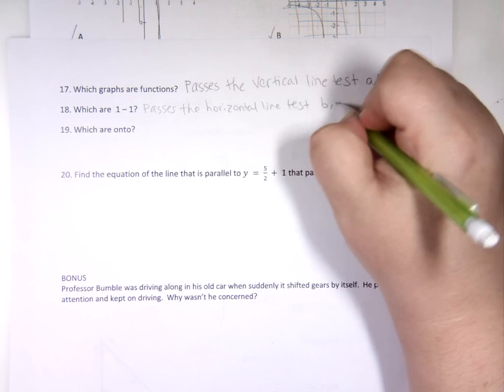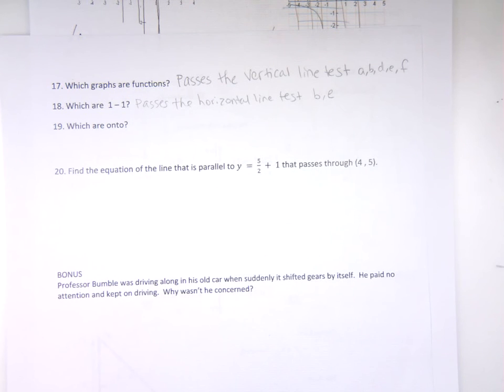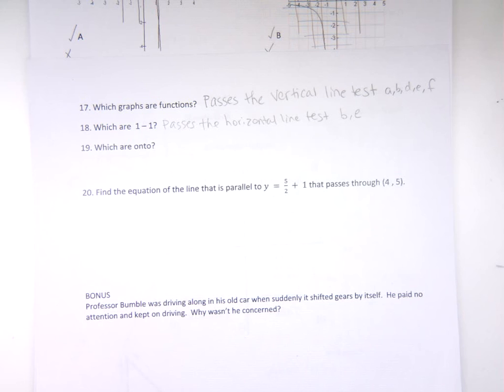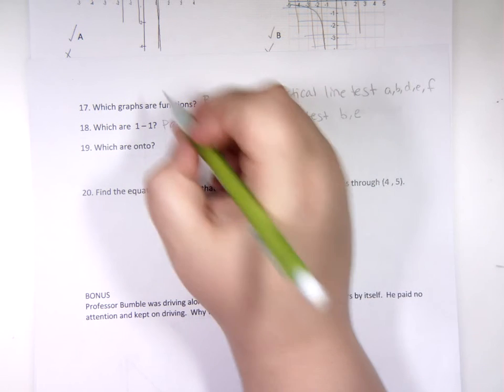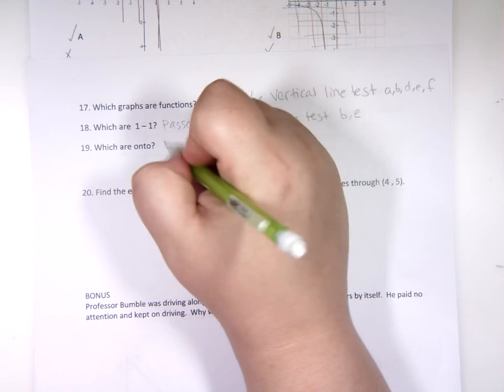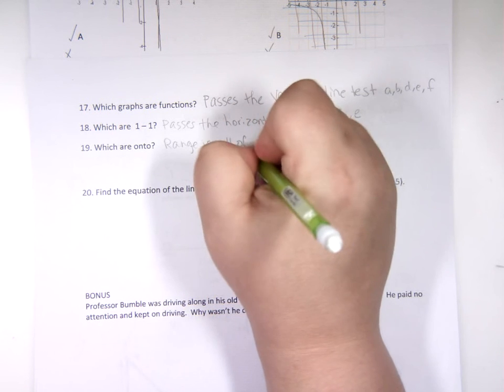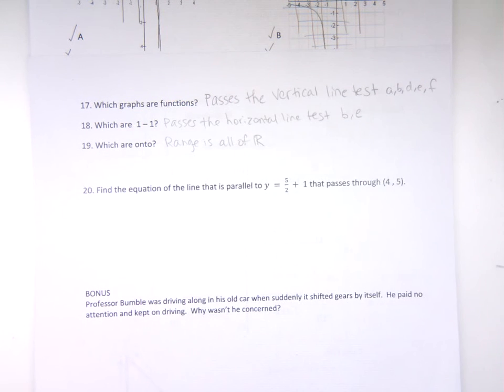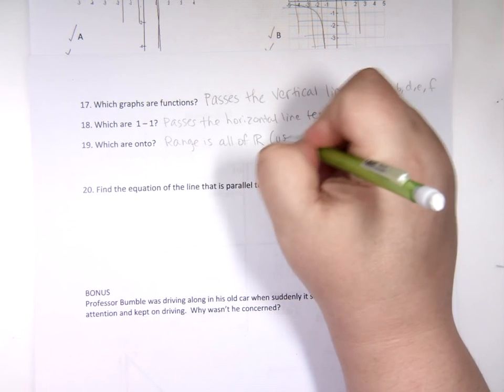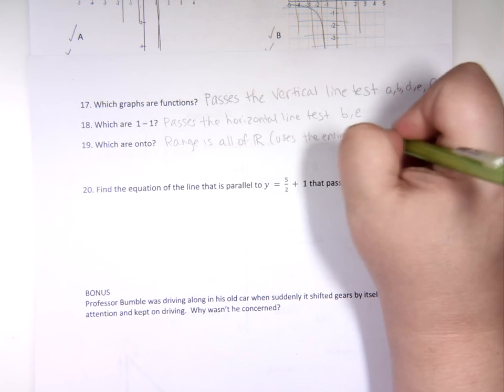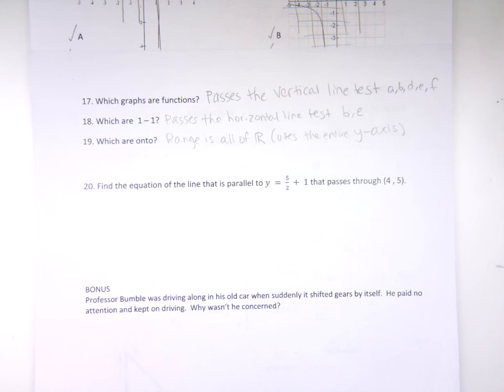Okay, and then which ones are onto? Onto means the range is all of R. Basically it uses the entire y-axis. So every point on the y-axis is accounted for.